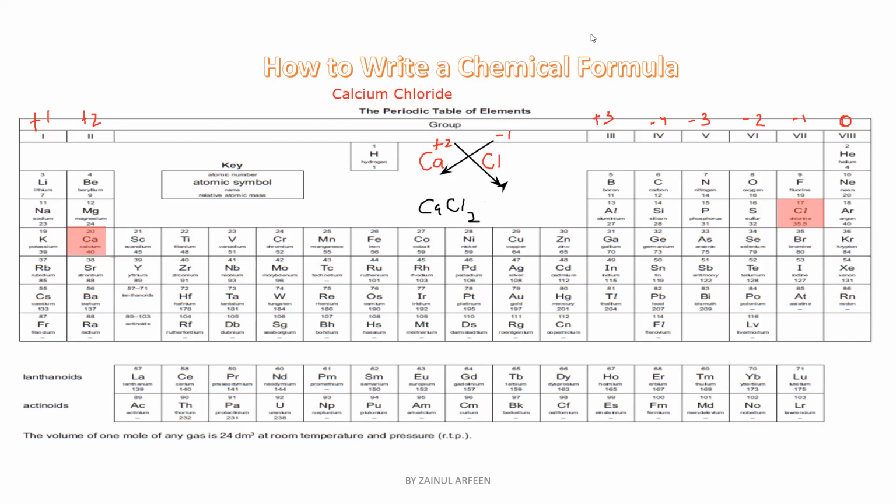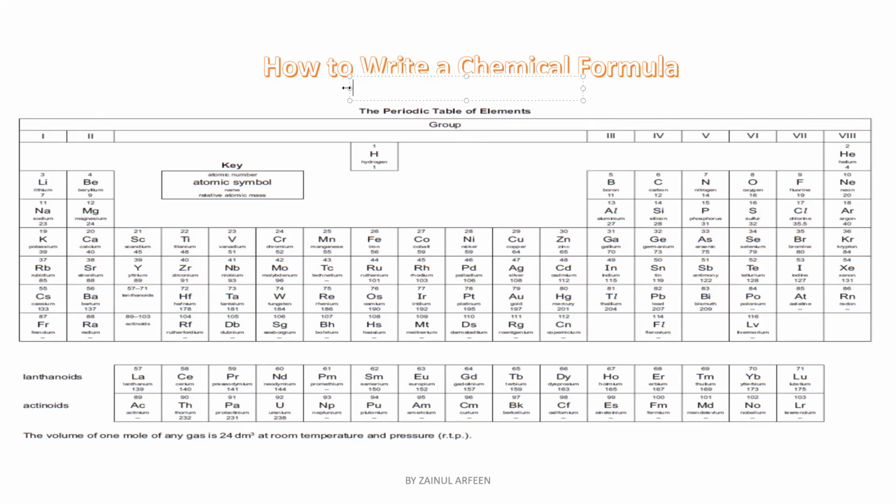Another example, if I say write a chemical formula for aluminium oxide, what will be the chemical formula of aluminium oxide? Aluminium is in group 3, where oxygen is in group 6.